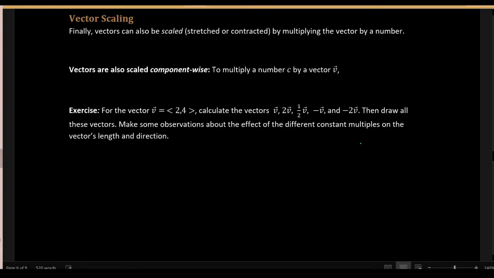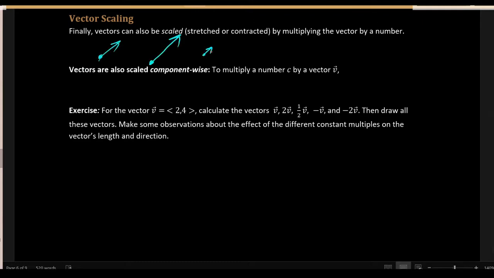Now we've added vectors together, we've subtracted vectors from one another. The third piece of vector arithmetic that we will be covering in today's material is vector scaling. And when we refer to scaling a vector, what we're talking about is taking that vector and either stretching it out or making it shorter.